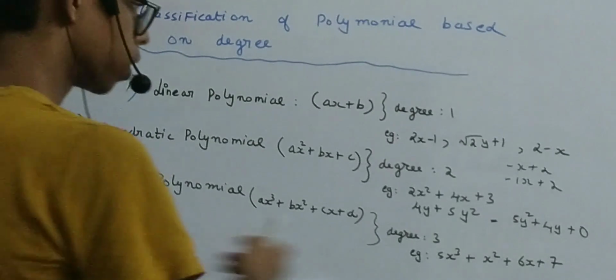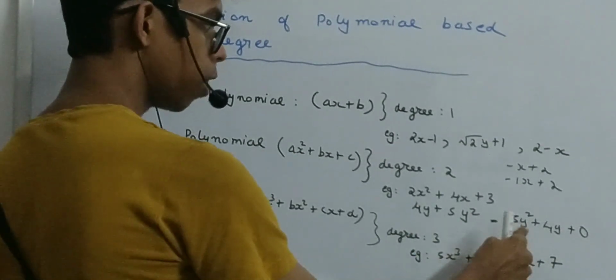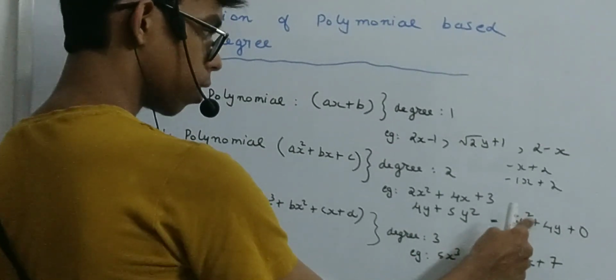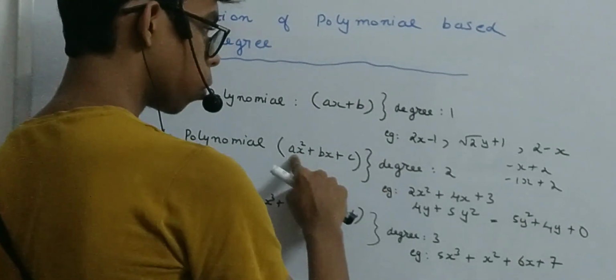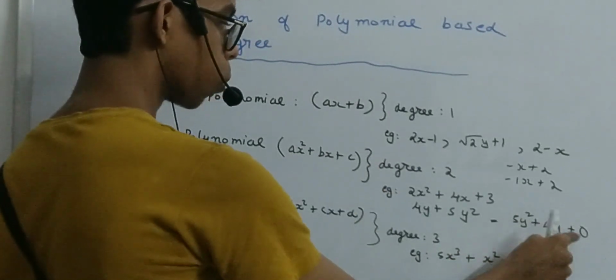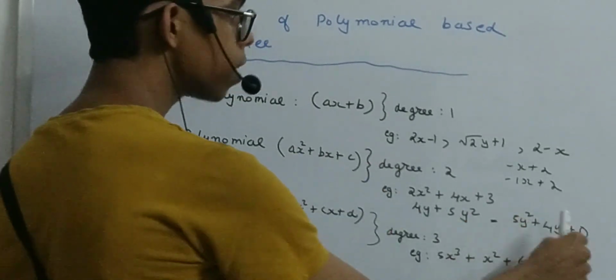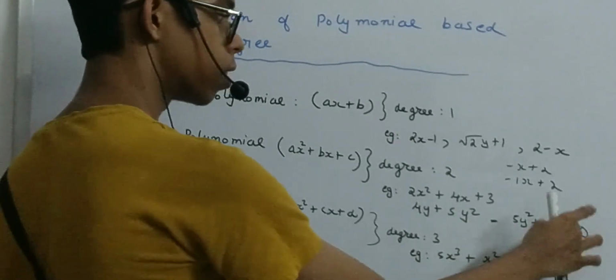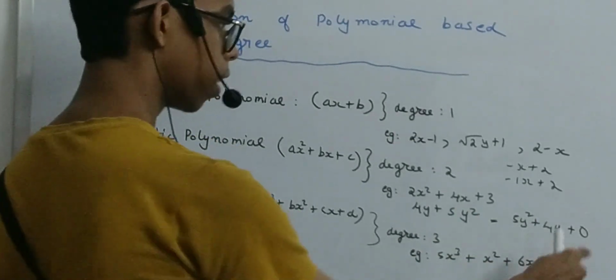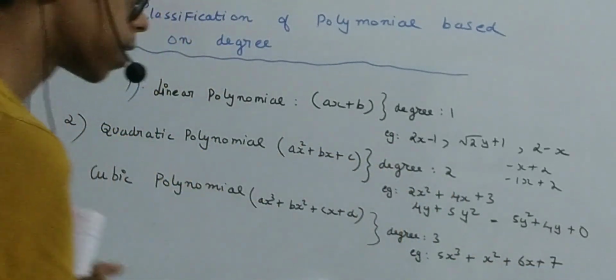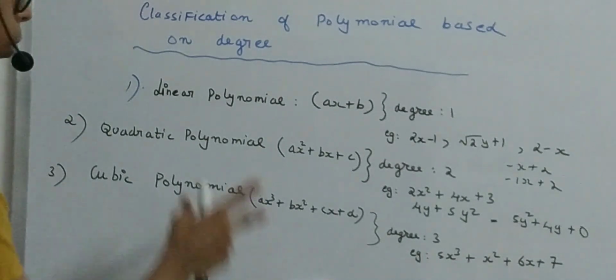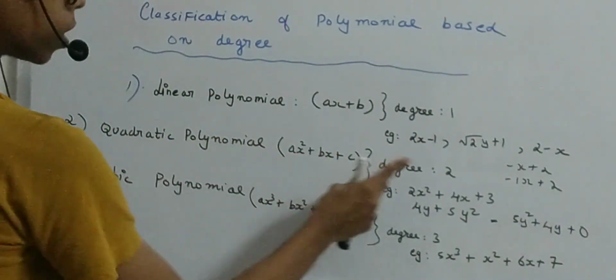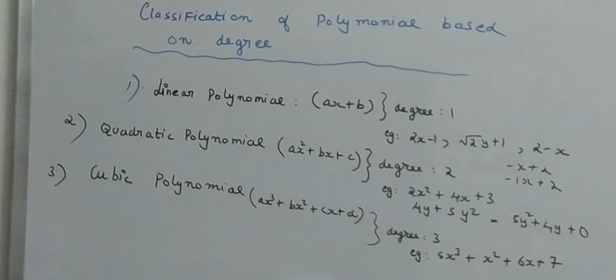So this is ax square, 5y square. 5 is the coefficient of y square, plus 4y is bx, plus c. Here since we don't have a constant term, I put a plus 0. So here 0 stands for the c. So a quadratic polynomial is a polynomial which has the degree 2.